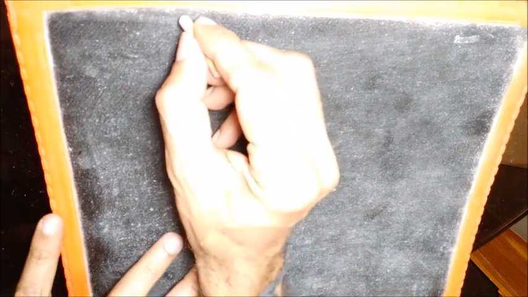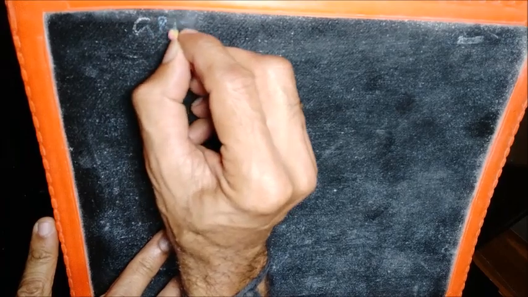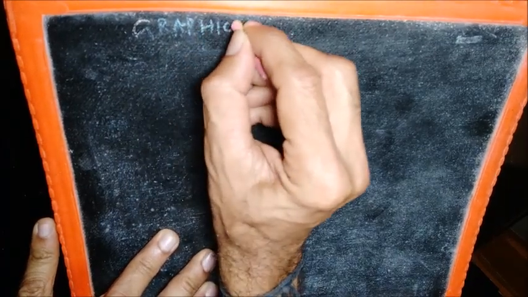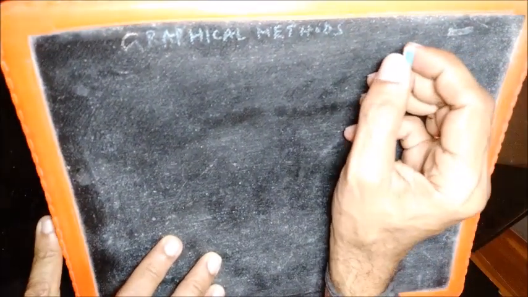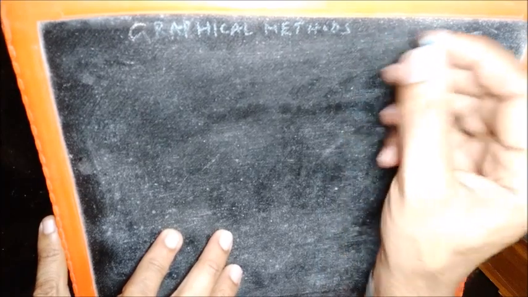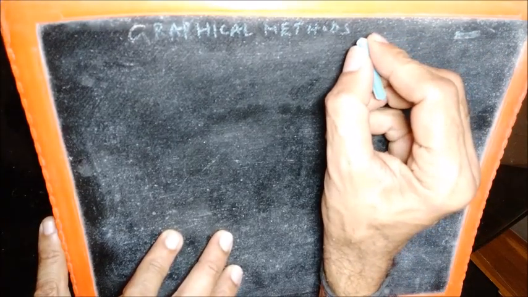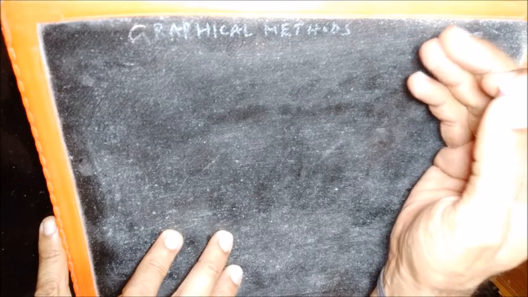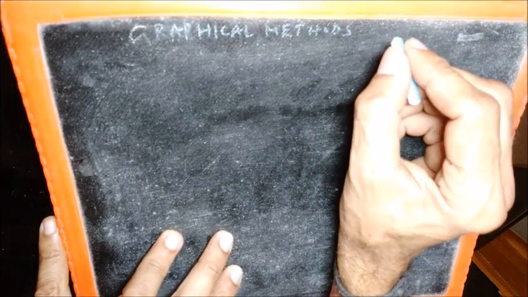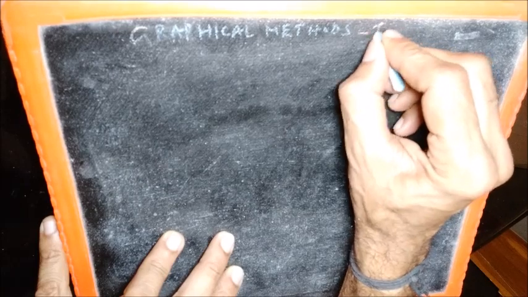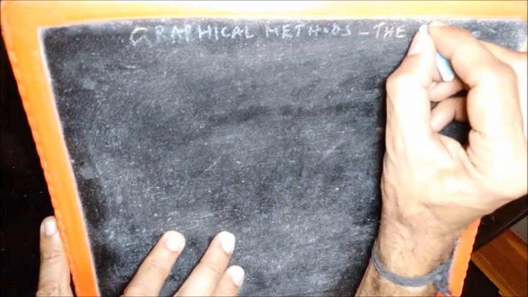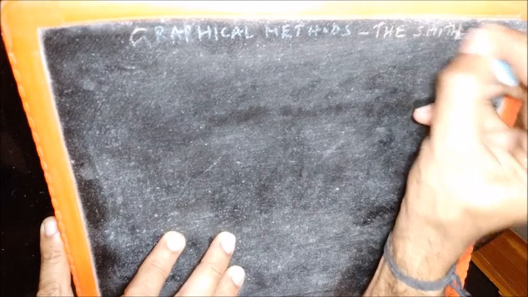So what we discuss now is the graphical methods in the calculations of various parameters, input impedance and standing wave ratio and so on, of transmission lines. And this graphical method is using the Smith chart.